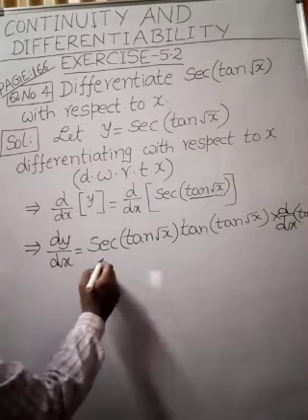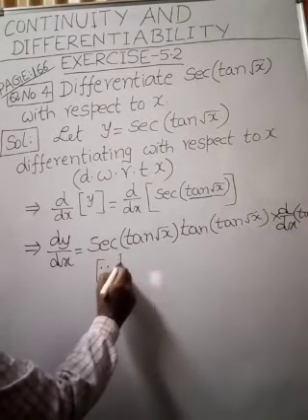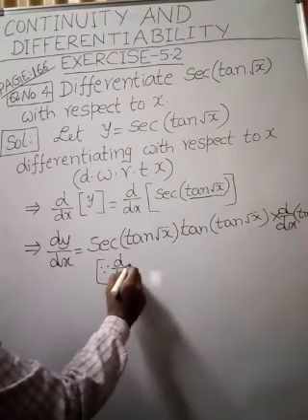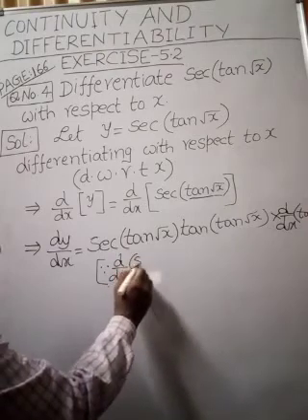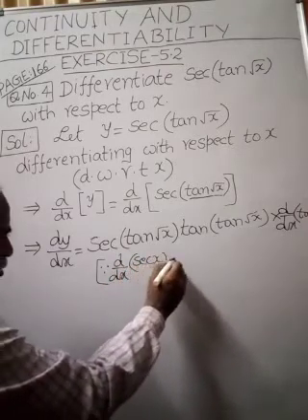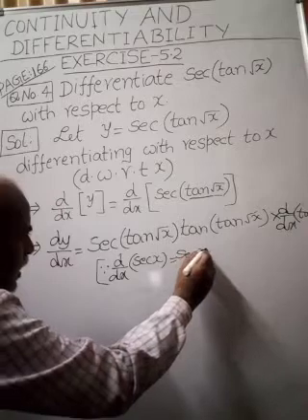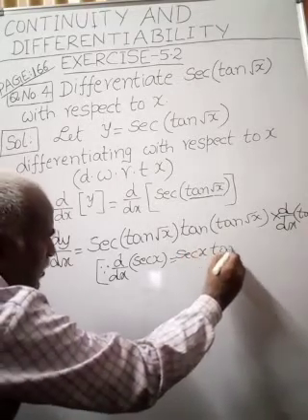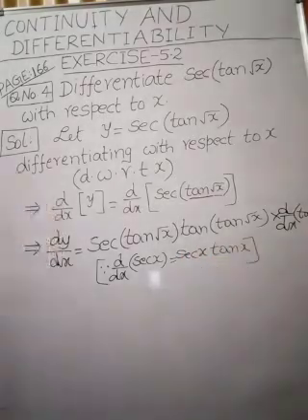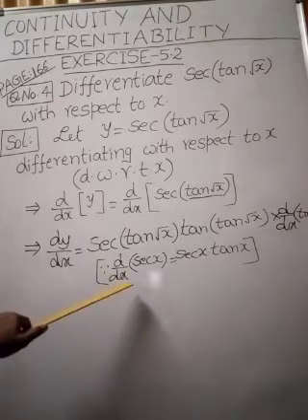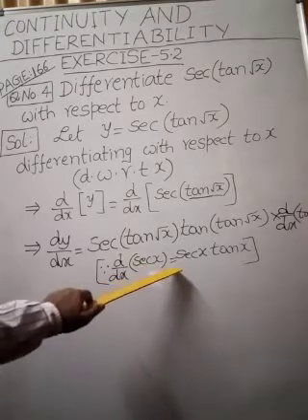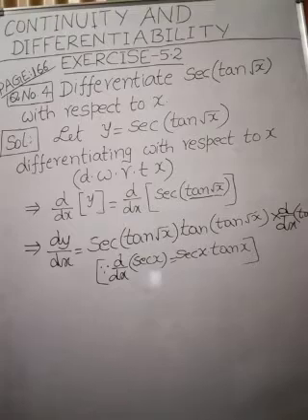So I am writing here the formula: d by dx of secant x is equal to secant x into tan x. Understood, my dear children? Right.